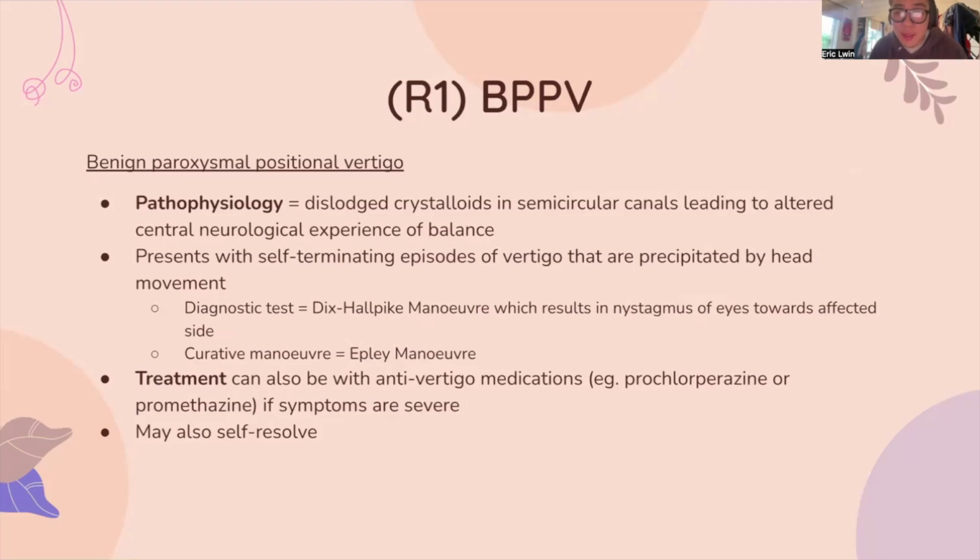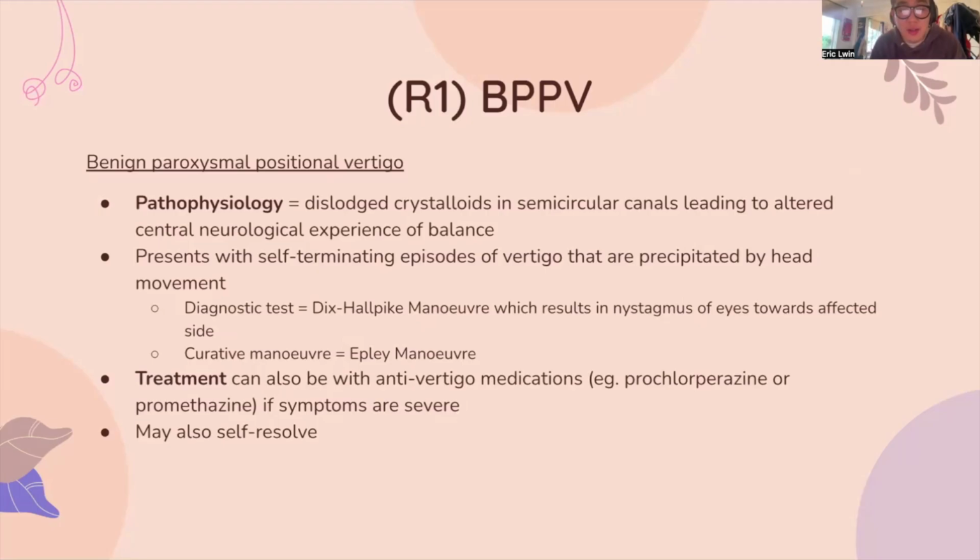So typically, BPPV will present with self-terminating episodes of vertigo that are caused by head movements. To diagnose BPPV, we use a maneuver called the Dix-Hallpike maneuver. I'll touch on this on the next slide, but this will result in nystagmus of the eyes towards the affected side.